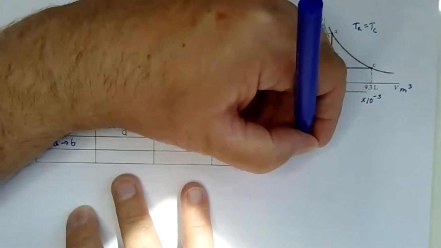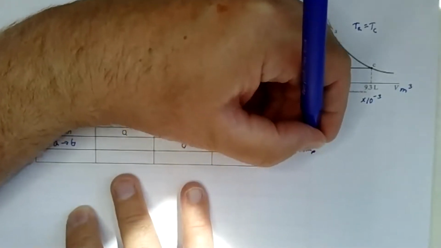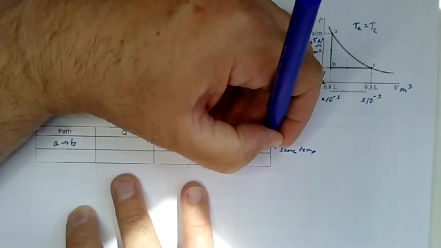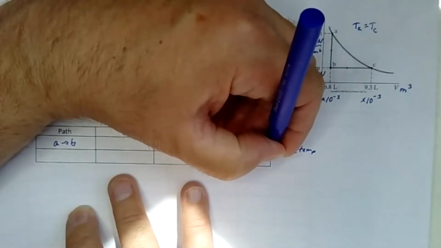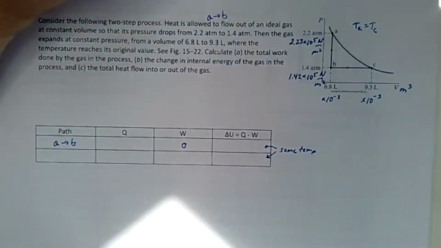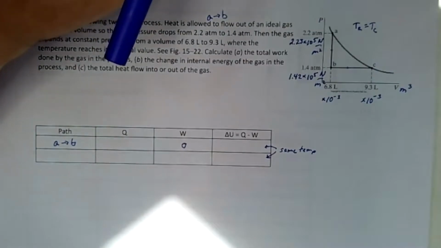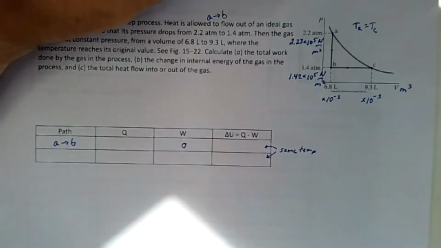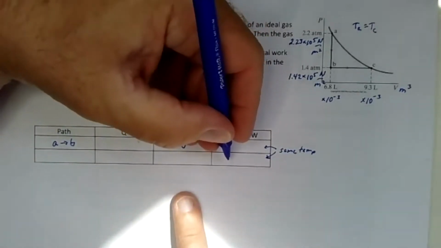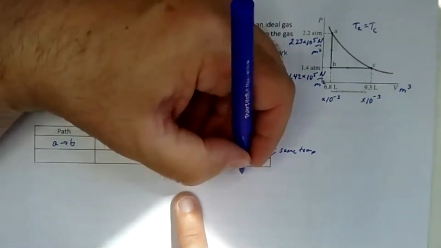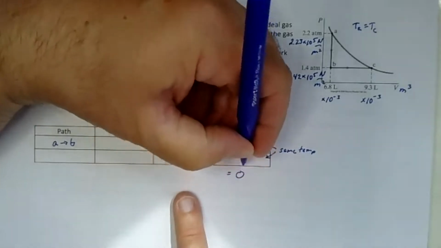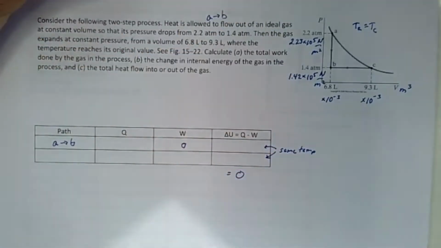So we know that those two are at the same temperature. So the overall change in internal energy should be equal to 0 if I add up these two. All right, that's probably helpful.